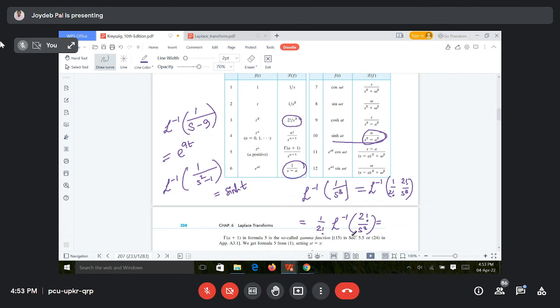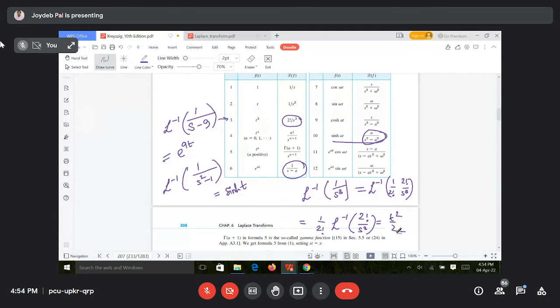Now it is exactly that third formula. So it is t square, so t square by 2 basically it is. Fine. So Laplace inverse of 1 by s cube is t square by 2. Sometimes you have to adjust it by the constant.